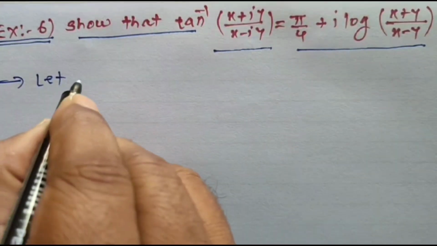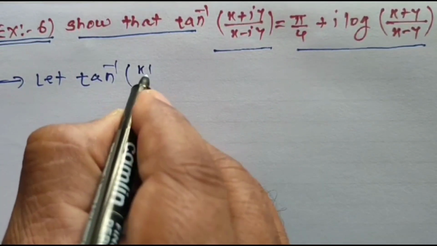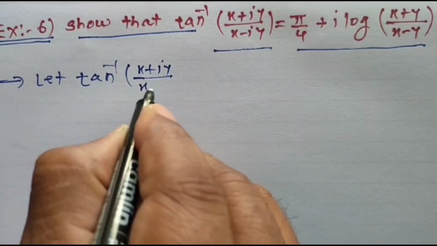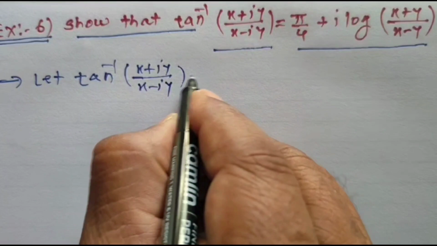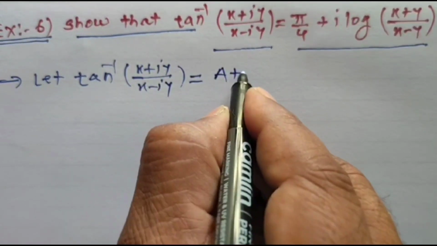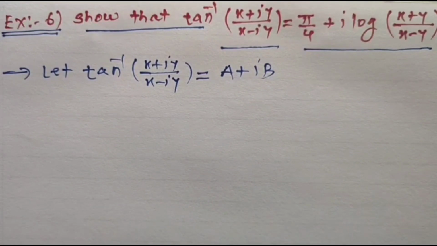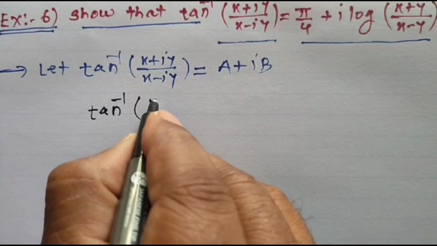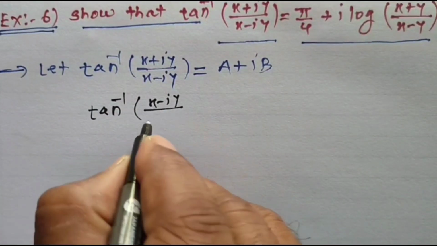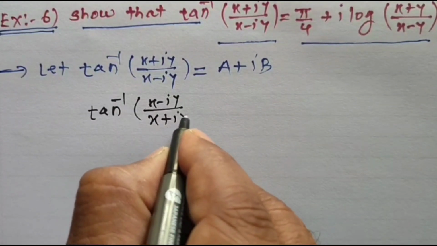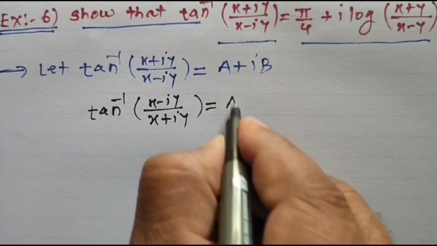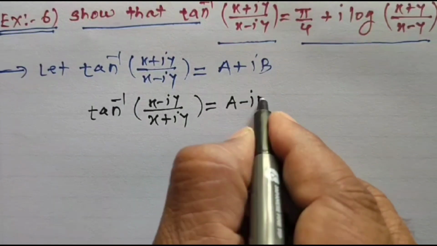Let tan inverse of (x plus iy) divided by (x minus iy) is equal to a plus ib. Taking conjugate on both sides, tan inverse of (x minus iy) divided by (x plus iy) is equal to a minus ib.